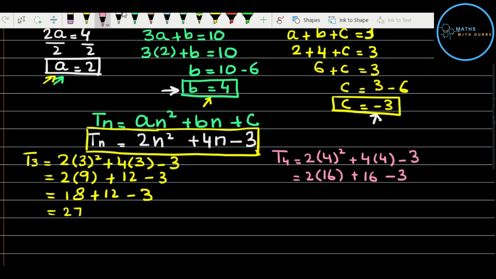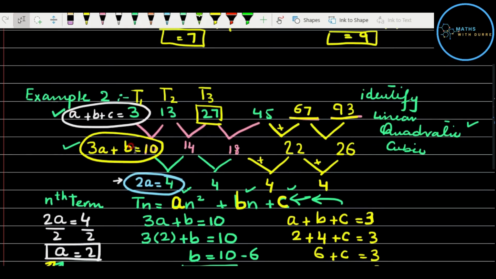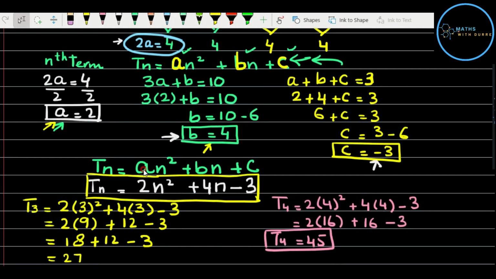The answer will be 45. So it means the fourth term should be 45. We need to go back to the original sequence to cross check. Here is term 4. Oh, that's great. It is 45. So it means this is the correct formula.